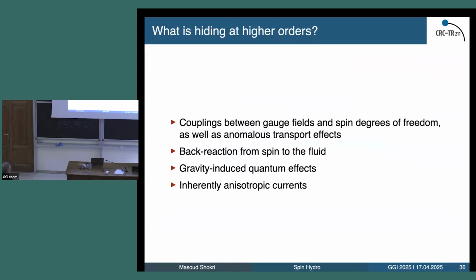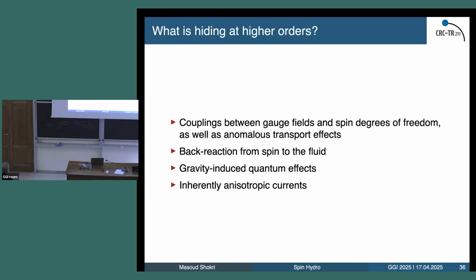Also gravity-induced quantum effects that go back to the question that you were asking about the right-hand side of the mu nu. This is basically of second order in H-bar, so you need to do some expansion to second order.